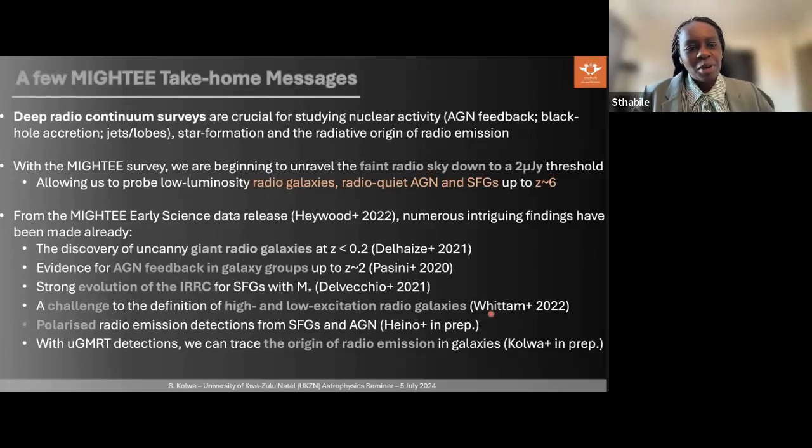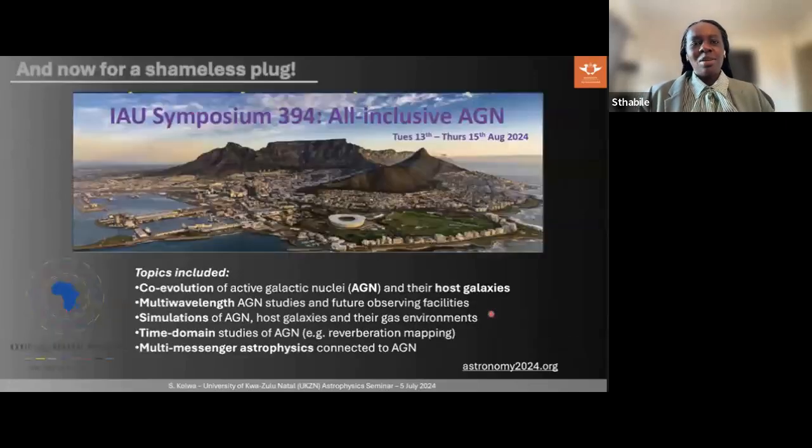And some upcoming work: we've got the polarized radio emission products that Leonard is preparing, and also some superMIGHTEE studies of spectral indices, and also Tando Mutugwane is looking at star formation rate calibration with radio emission. So there's plenty of exciting work that's been published, and that is in preparation.